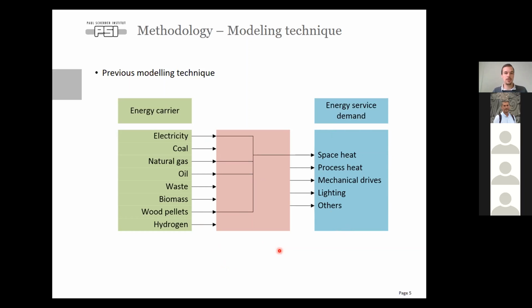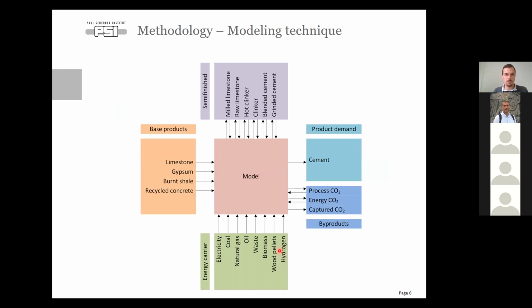We changed this basic methodology a bit. On the right-hand side, what we have as a demand now is not the energy service demand, but a product demand. In the case of the cement model, it's the cement demand. Then we have some semi-finished products in the model, and some base products to start with.